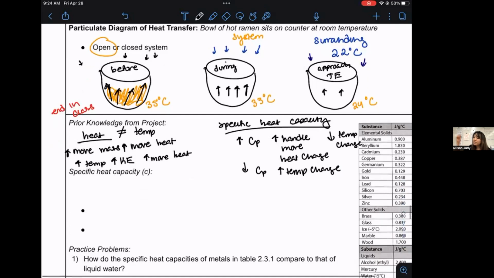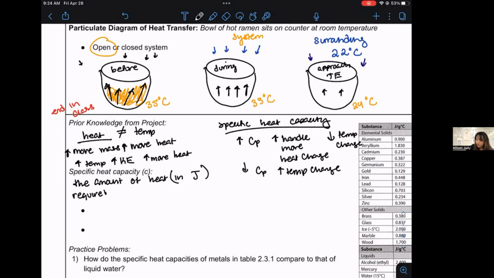Okay. So specific heat capacity is specifically defined as the amount of heat, in joules, required to raise 1 gram of substance by 1 degree Celsius.